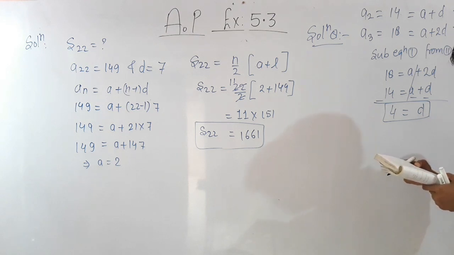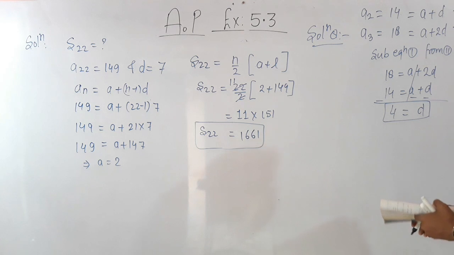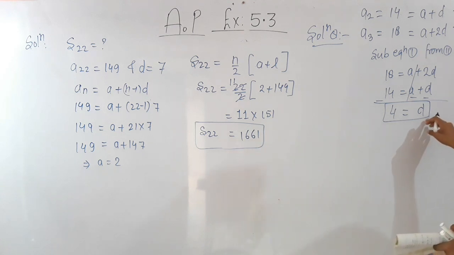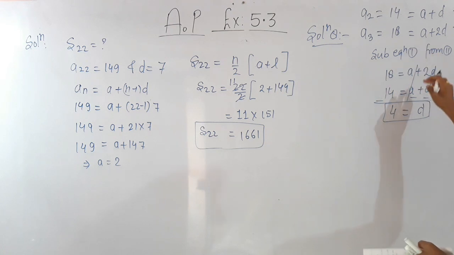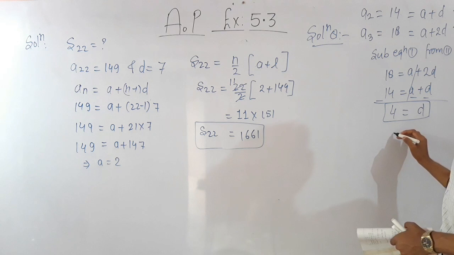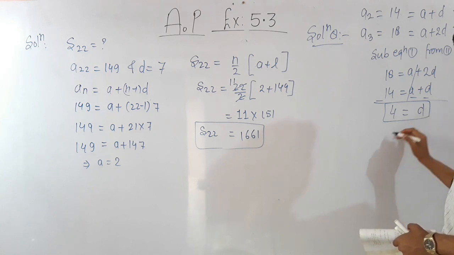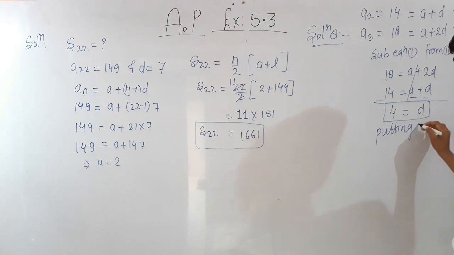Now we need to find the sum of first 51 terms. Okay, so one more thing you can find here using d. You can find a. ठीक है, आपको a भी मिल जाएगा यहाँ से, तो आप लिख सकते हो यहाँ पे putting value of d in equation number first.